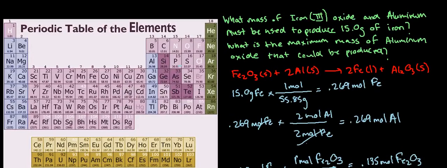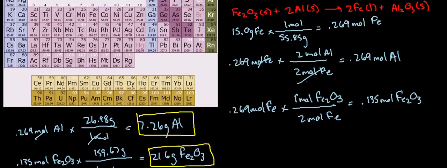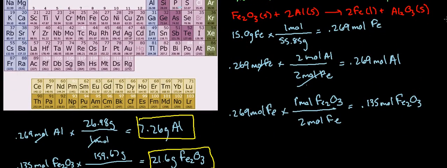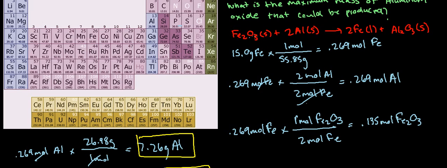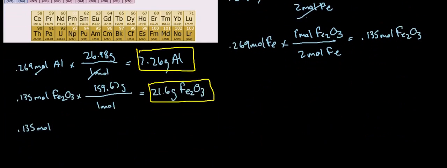I could do a mole ratio, but I think it's pretty obvious that these are going to react 1 to 1. So I'm going to have 0.135 moles of iron 3 oxide, which means I'm going to get 0.135 moles of aluminum oxide product.